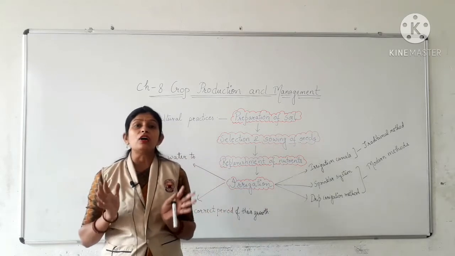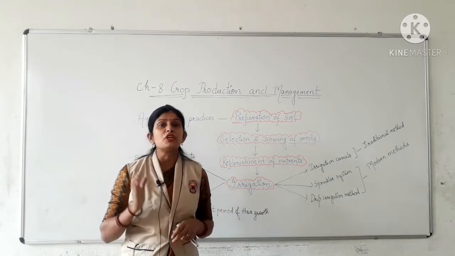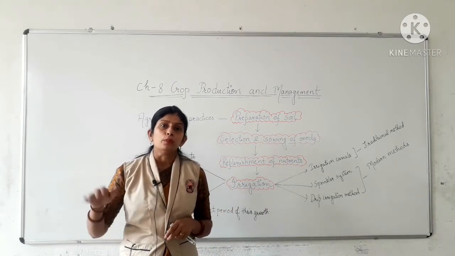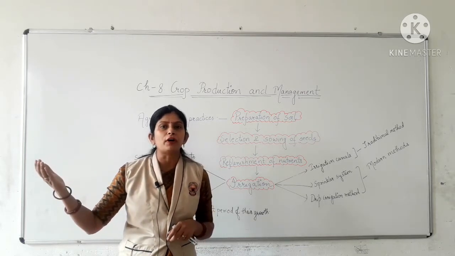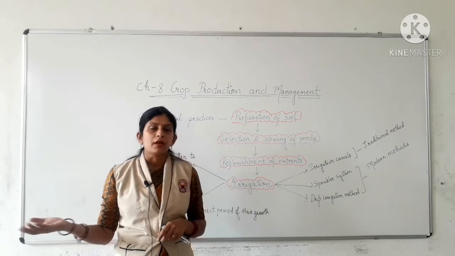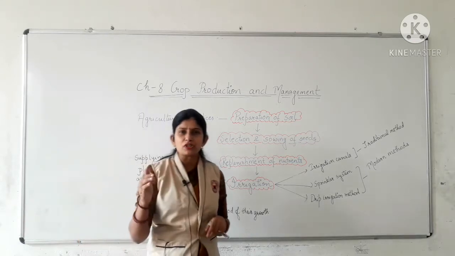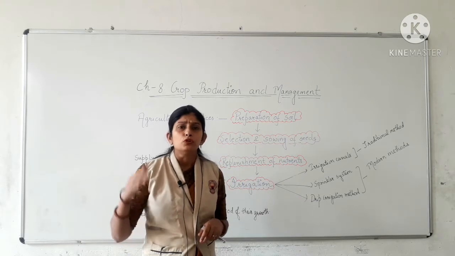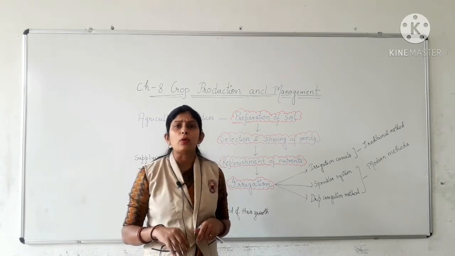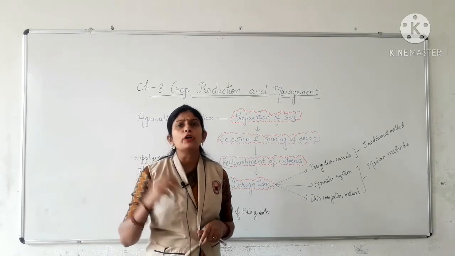But rains are not sufficient to provide the required quantity of water to the growing crops. Many times average rainfall or below average rainfall does not fulfill the water requirements of growing crops.